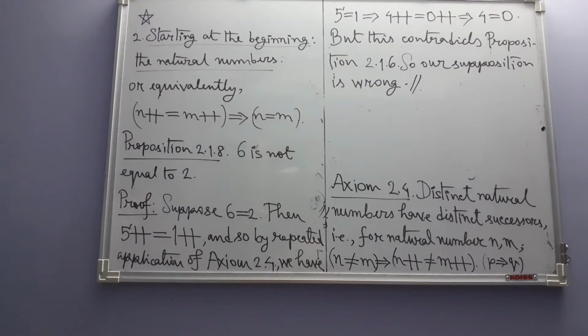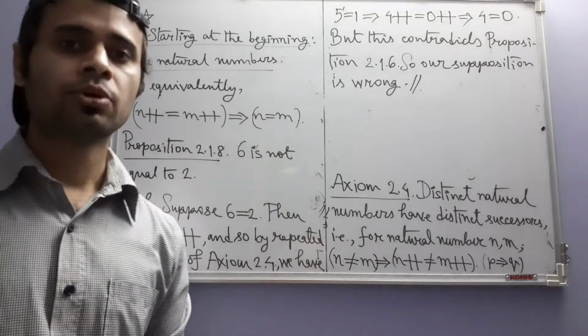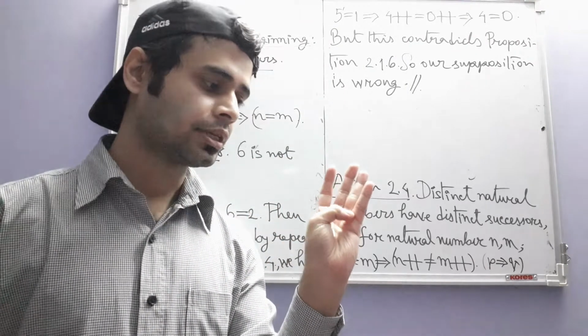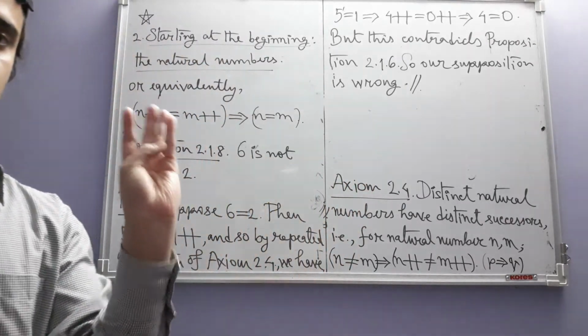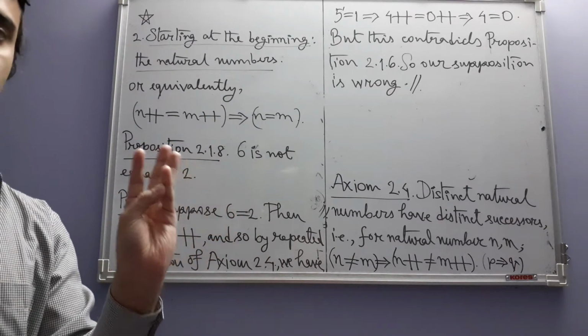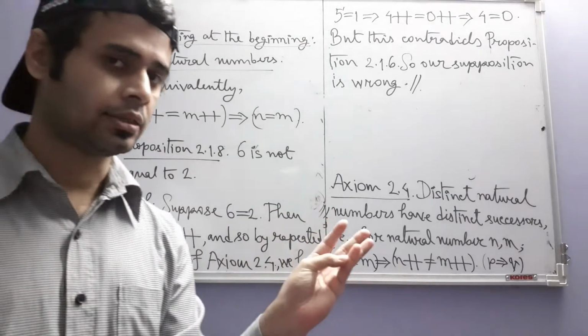Now there are 4 axioms. The first one says that 0 is a natural number. The second one says that the successor of every natural number is a natural number. The third one says that 0 is not the successor of any natural number.